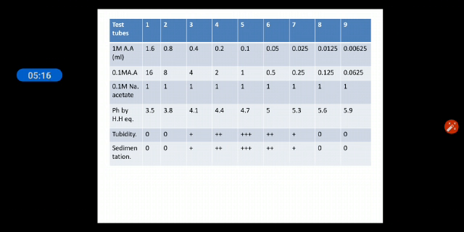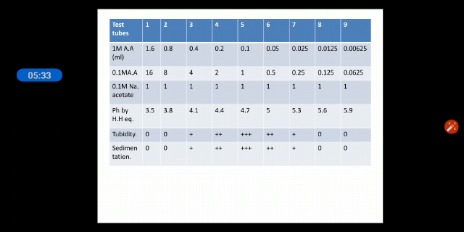Now the table is to be written on the white page side of the practical notebook, in which there will be 9 columns and 7 rows.